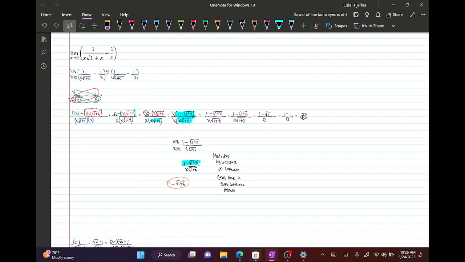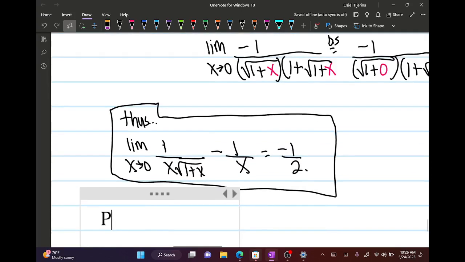Give me 1 second, guys, I'm sorry, hold on. Okay, guys, so the limit as x approaches 0 of 1 over x square root of 1 plus x minus 1 over x will be negative 1/2. And that is how we do this problem, guys.